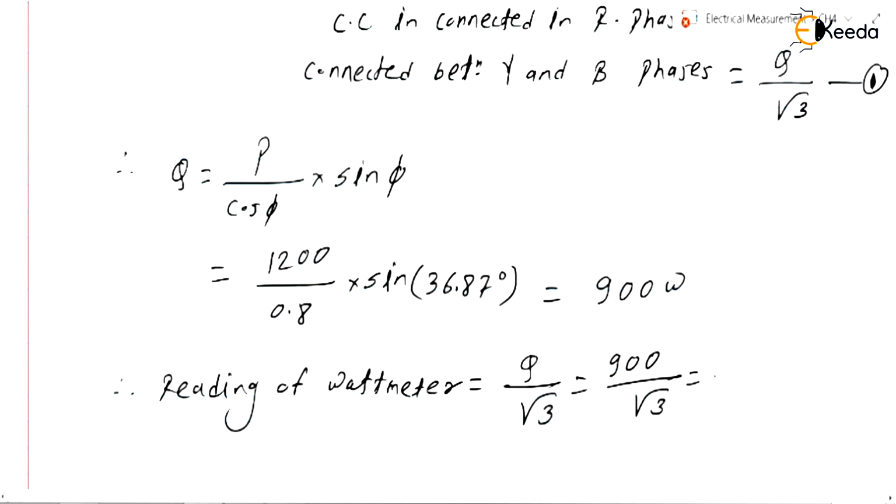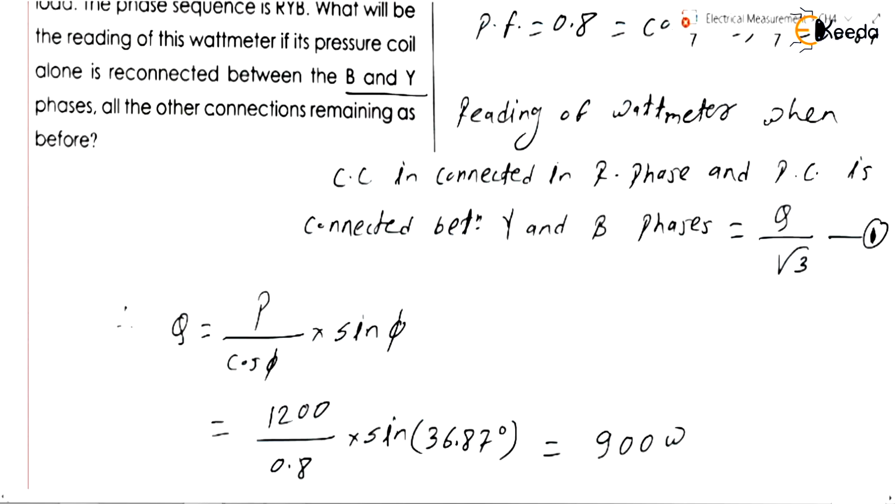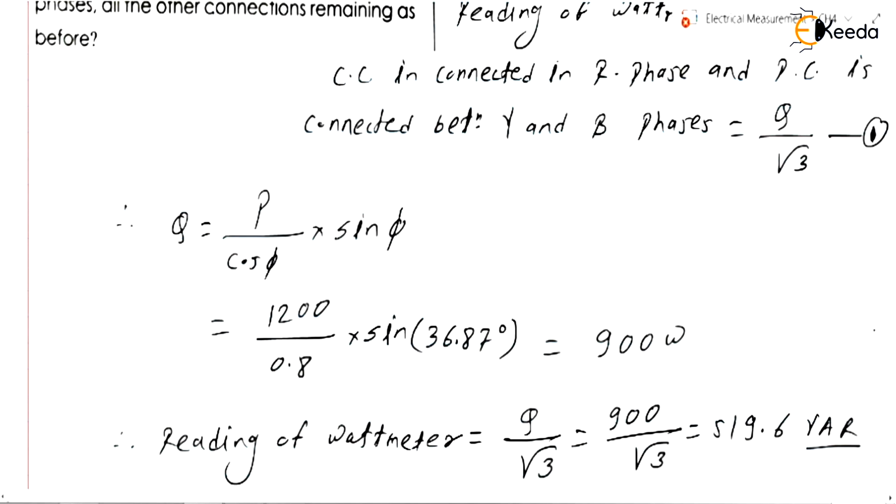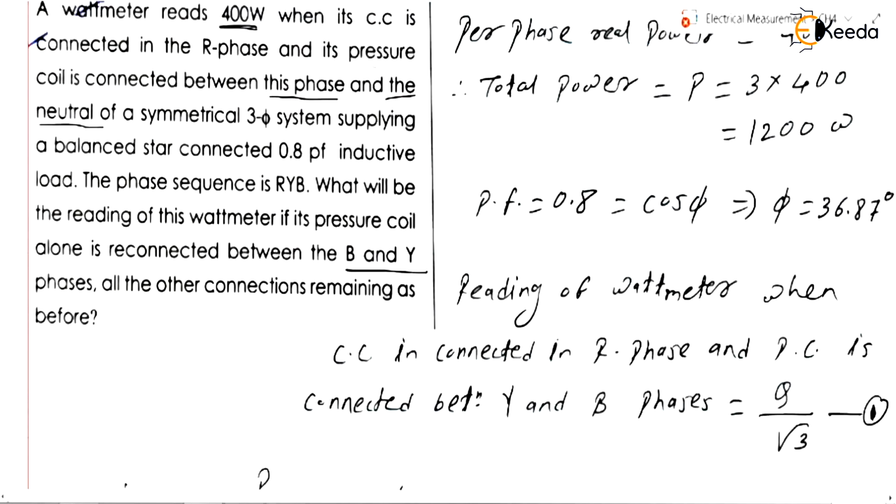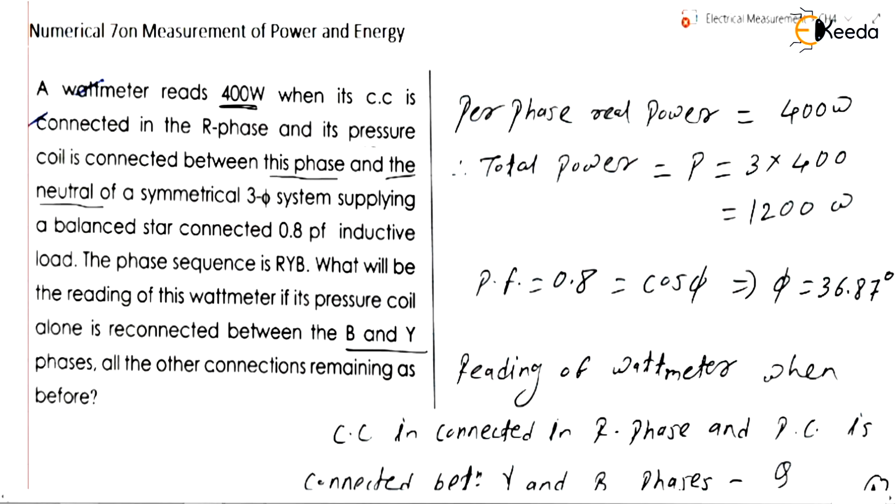Actually this is the reactive power, so volt ampere reactive should be there. 519.6. Are you getting the point? So in order to understand this numerical, you need to go through the video which we have discussed for the measurement of power, real power as well as the reactive power. Okay, thank you.